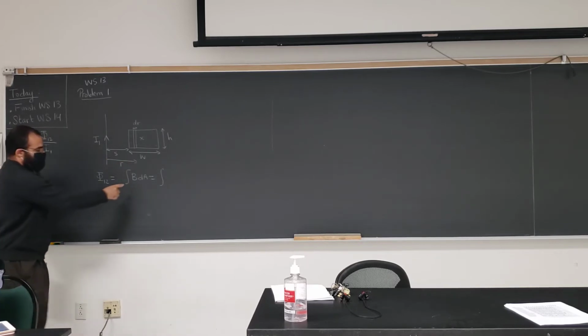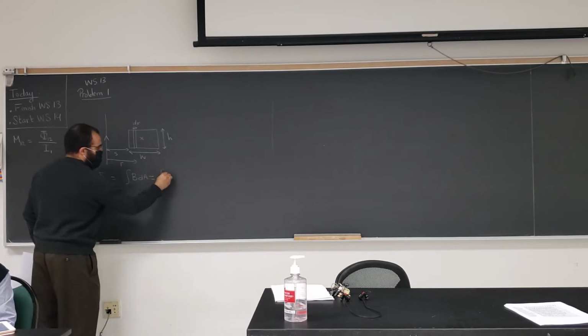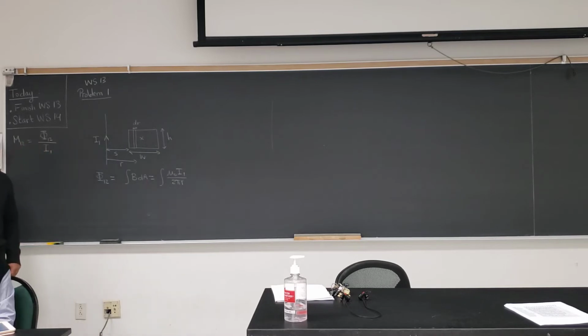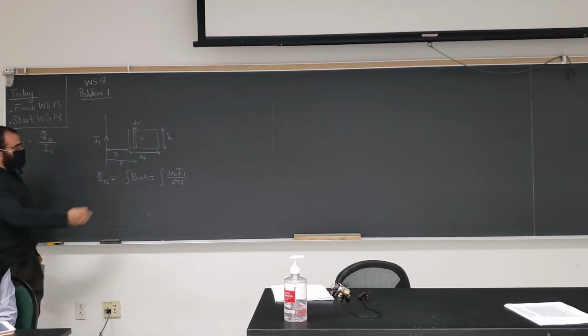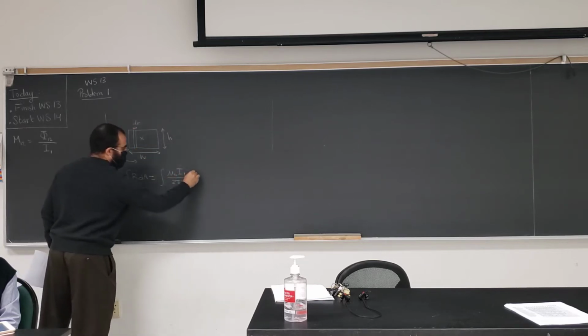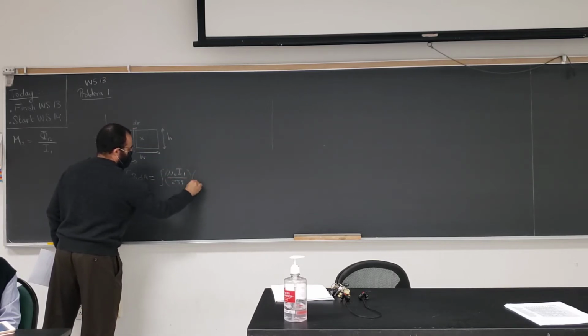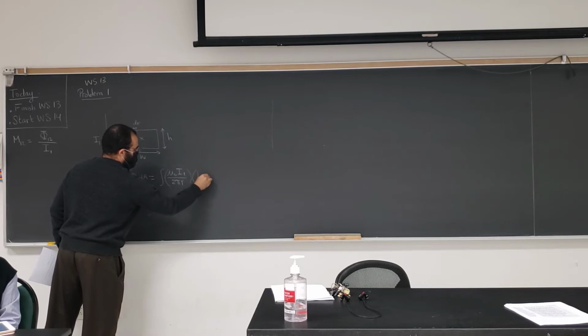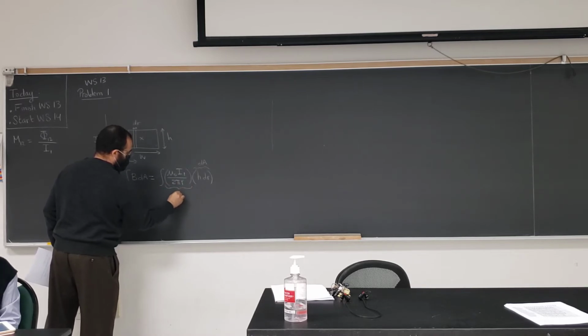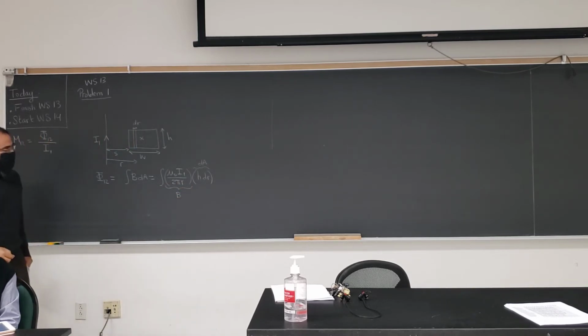The magnetic field due to a current-carrying wire is mu naught times the current in that wire divided by 2 pi r. That's the magnetic field part. The dA part is h times dr. This part here is dA, and this part here is the magnetic field B. Now, where are we integrating?